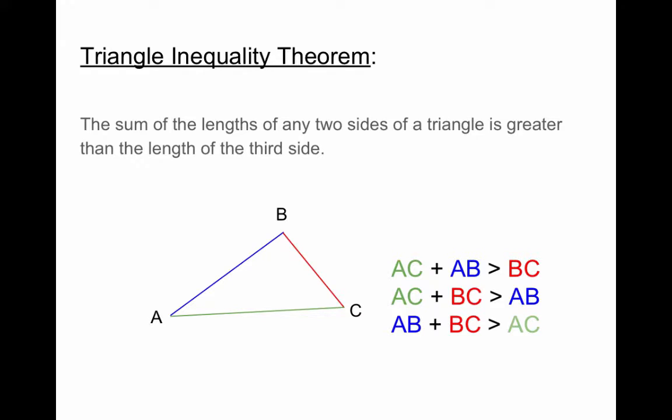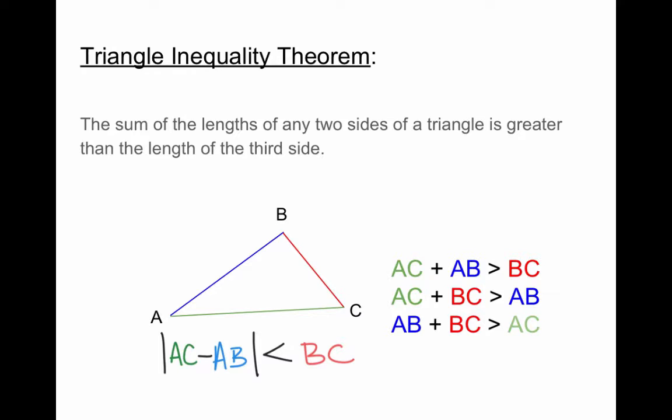Keep in mind that while you can talk about the sum being greater, you can also state the difference between two sides. So if I was to take AC and subtract AB, that has to be less than the length of, you guessed it, BC.